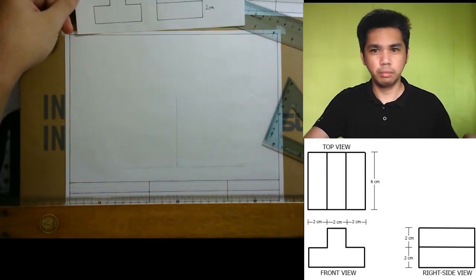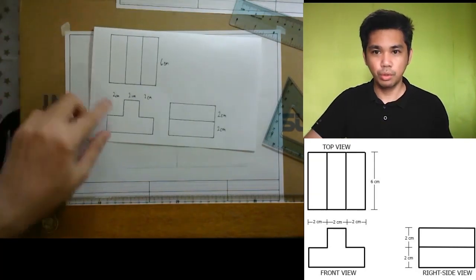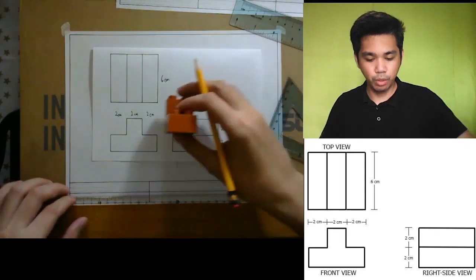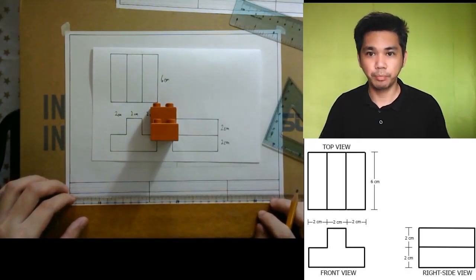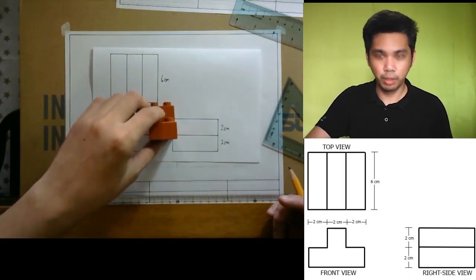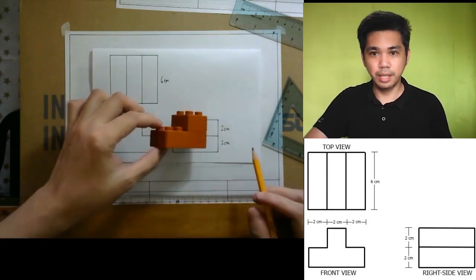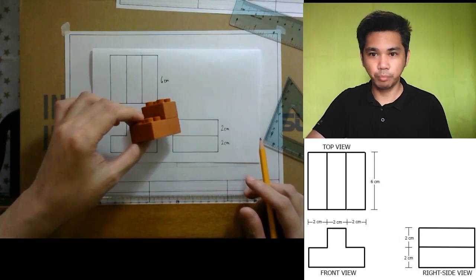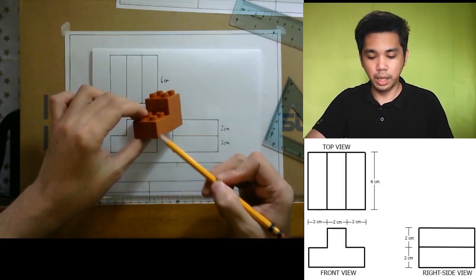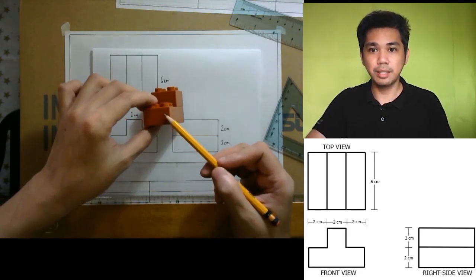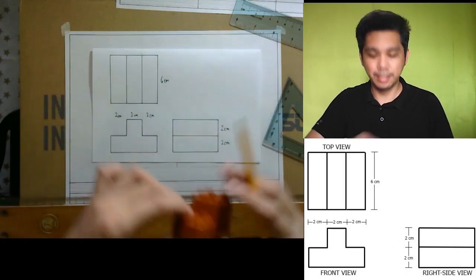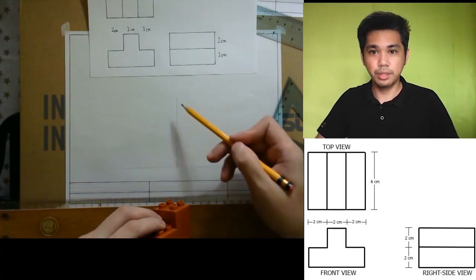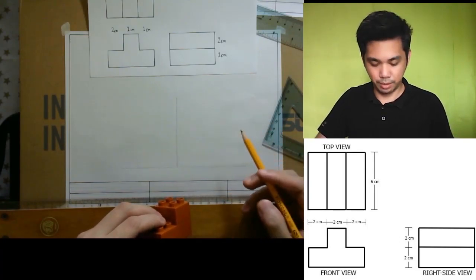Remember the multi-view? So we have the front, the top, and the right side view. So if we have an object here in the front view, and then this is the right side view, and if we are going to look at that in perspective view, there is actually a line here that connects the front view and the right side view. That line is actually this line, our vertex.